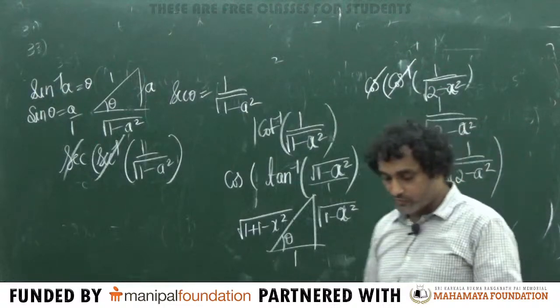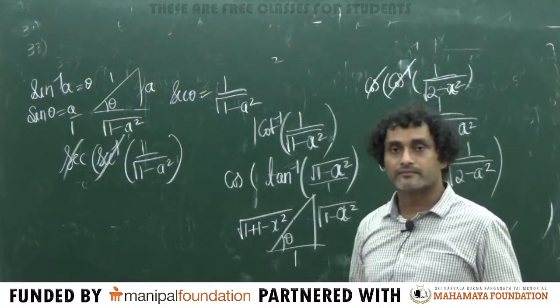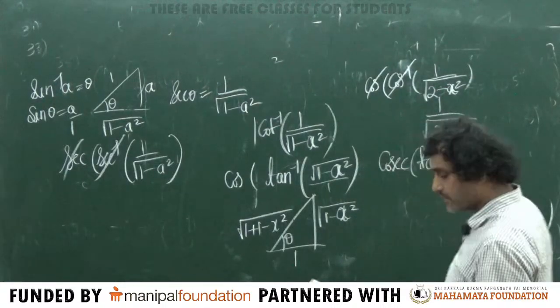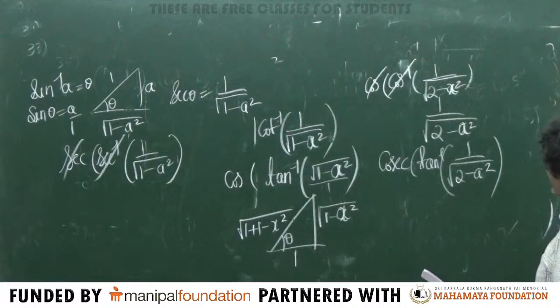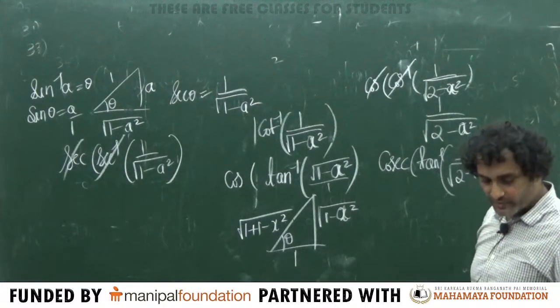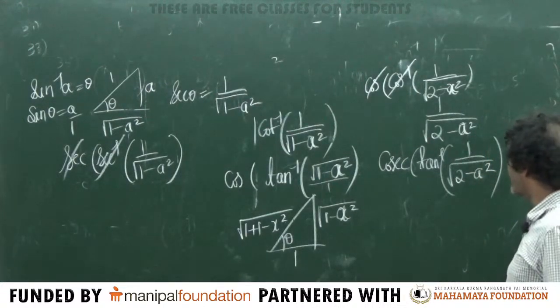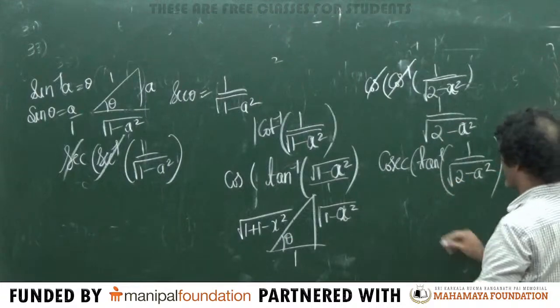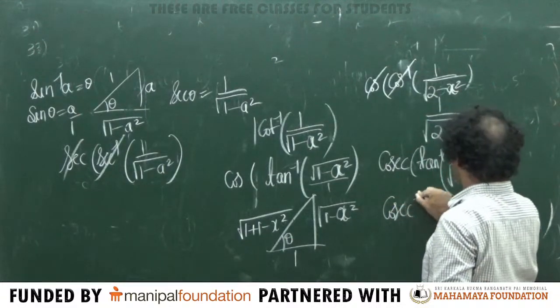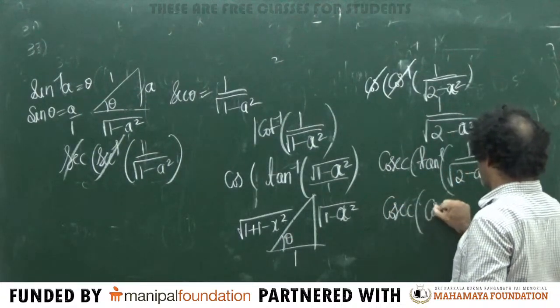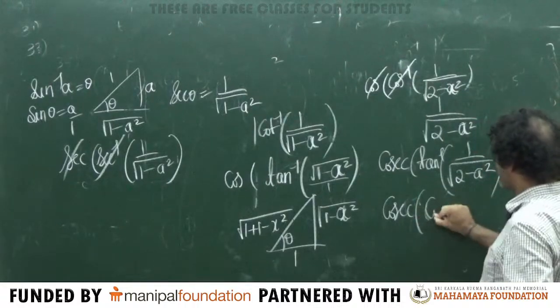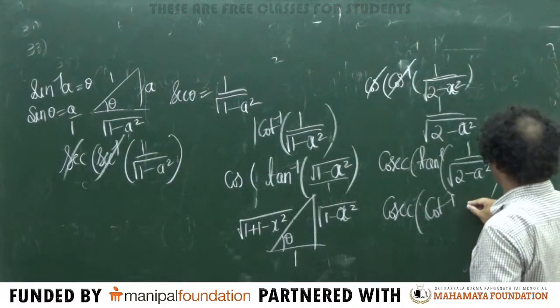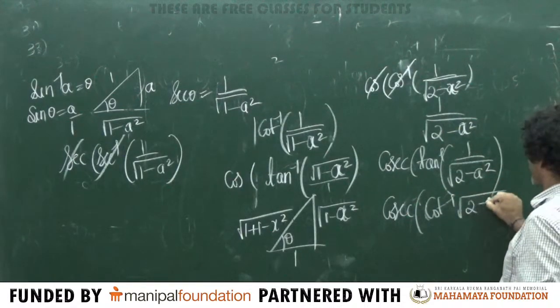So again, what to do? Cosecant means, are you comfortable with tan? I'll bring it to the numerator, okay? Cosecant of, sorry, instead of tan I'll put cot inverse root of 2 minus x square.